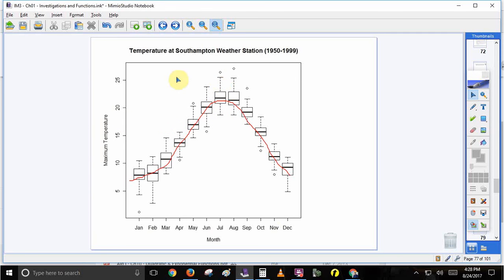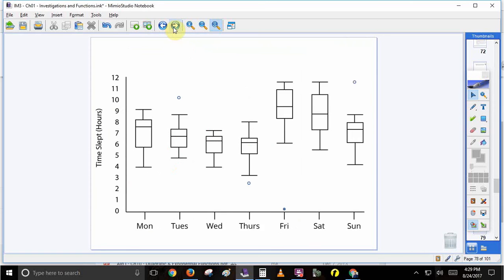And in the highest year, it was like really 25, and there's even an outlier year where it was like 26 maybe. So I'm getting all of this data in one convenient graph that I would not be able to get otherwise. And it's a lot easier too than looking at, say, a spreadsheet or just a big table of data. It's a really convenient way to display a lot of data at once.